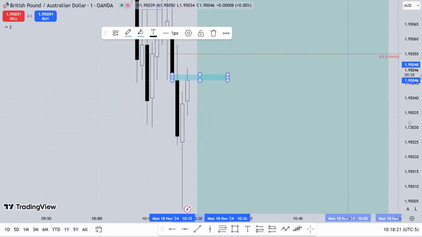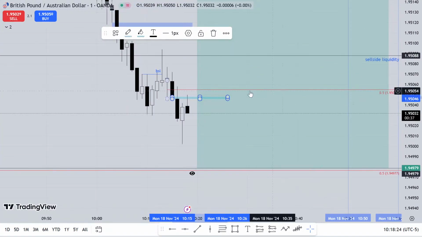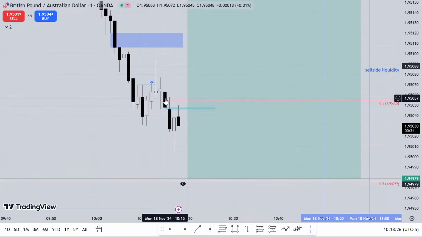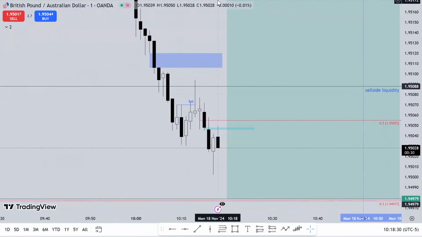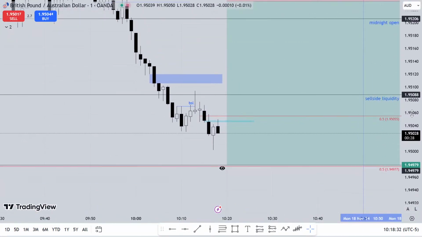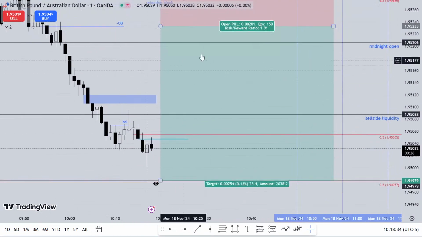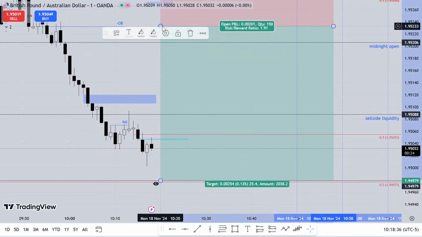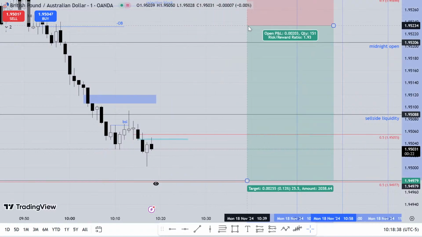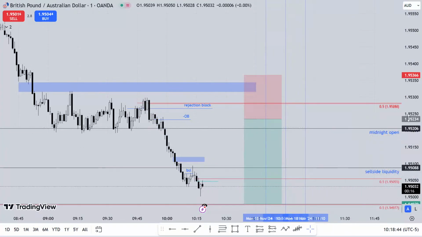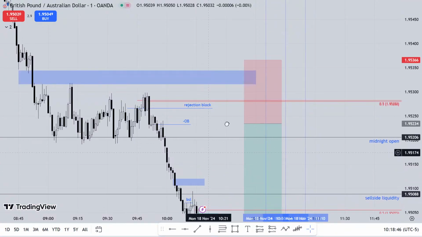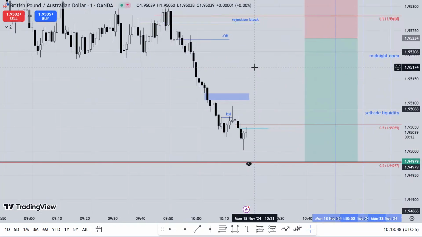So if you are indicating the hierarchies of PDRAs, the volume imbalances are variables. What English should I use? They are just variables. That's the easiest explanation for how the volume imbalances act as variables. So the clear PDRAs are the fair value gaps and the order blocks. Those are your clear PDRAs.